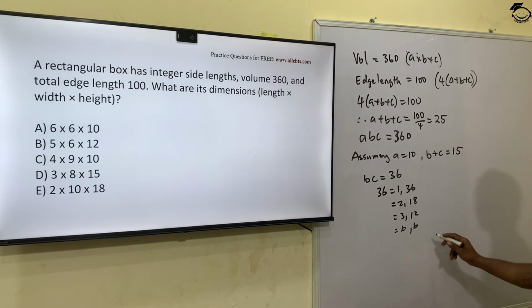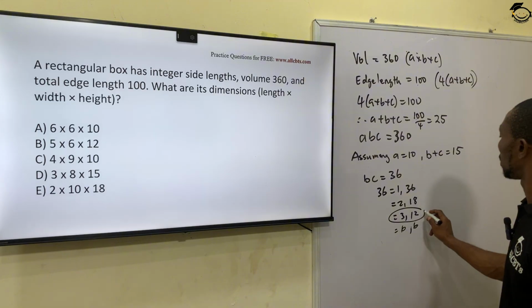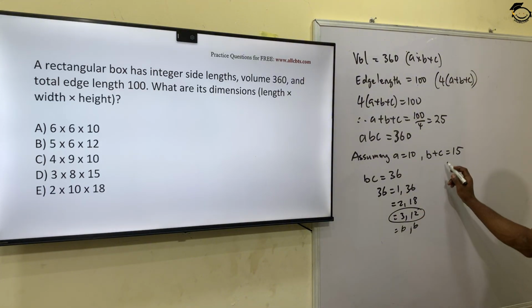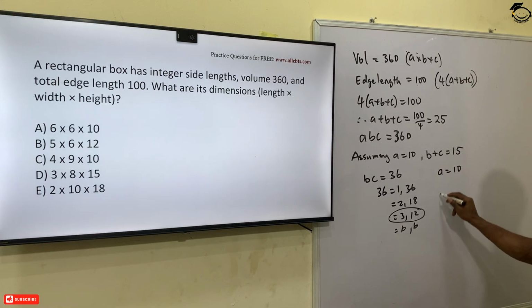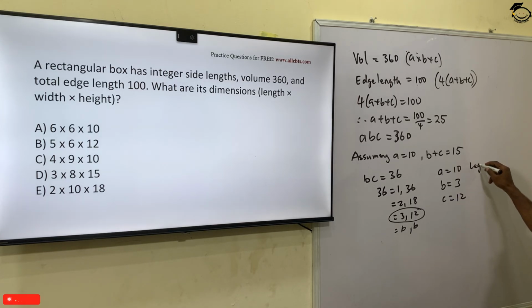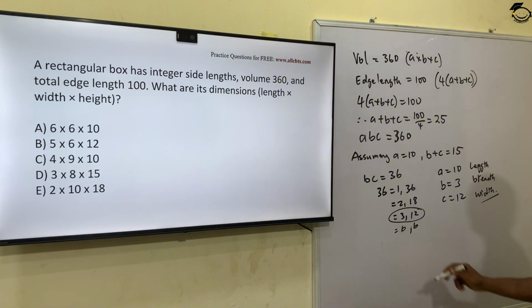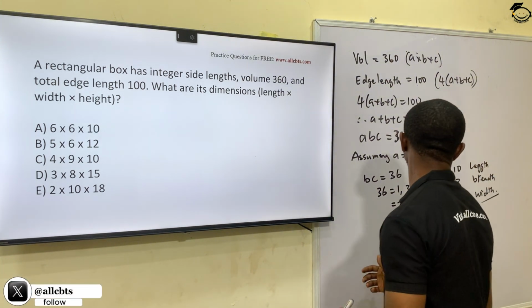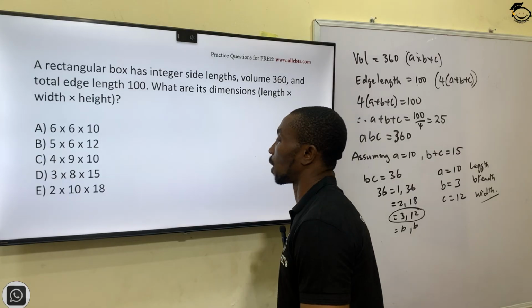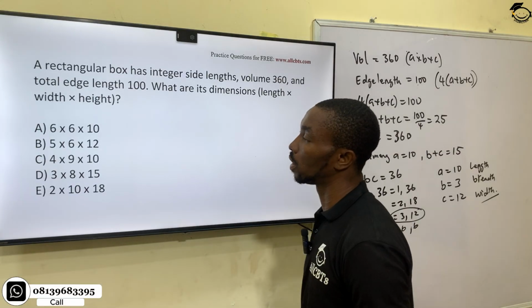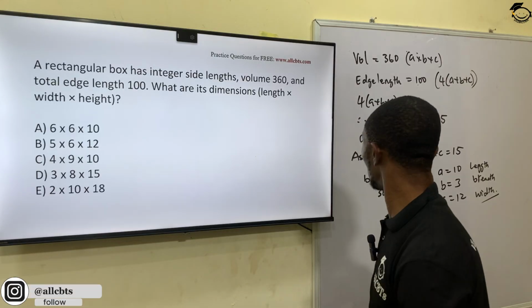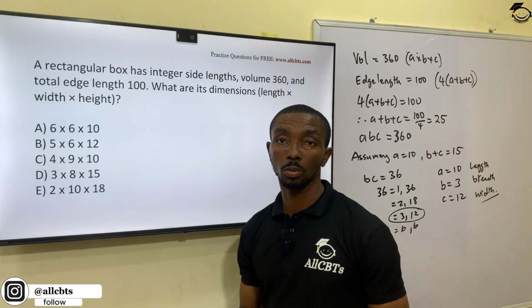So the two factors of 36 that will give us 15 would be 3 and 12. So here we have A equals 10, B equals 3, and C equals 12. So the length, breadth, and width of this rectangular box would be 10 times 3 times 12, which gives us 360. So our option isn't here.